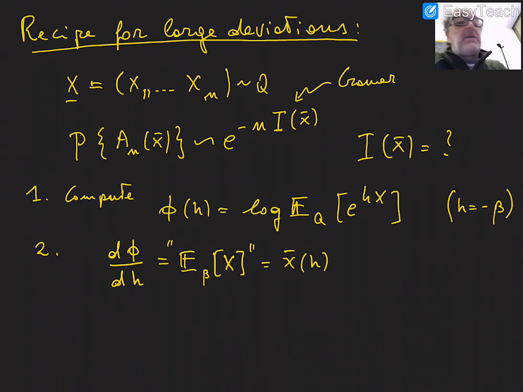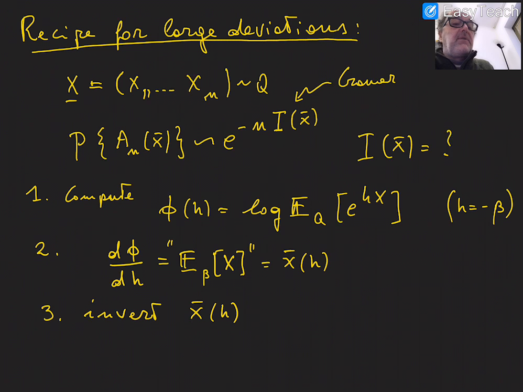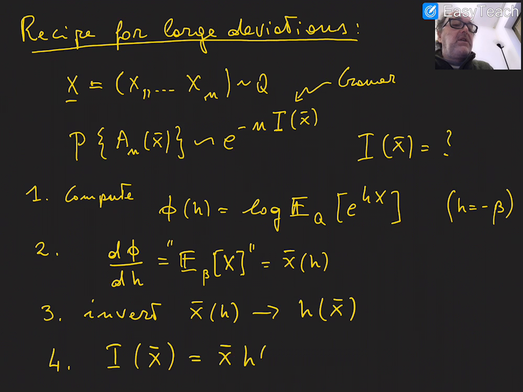Okay. So then the third step is that you invert this function, the first derivative of phi, and get h as a function of x bar. And then the fourth step is that you compute the large deviation function as x bar times h of x bar minus the function phi computed at h of x bar.